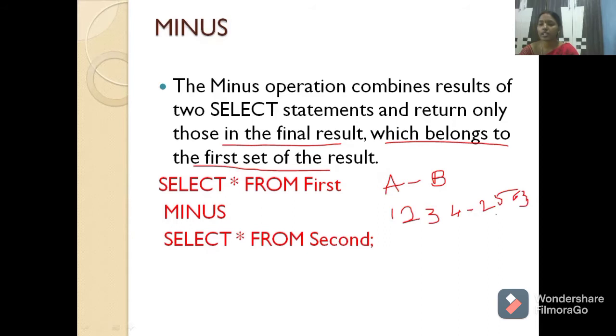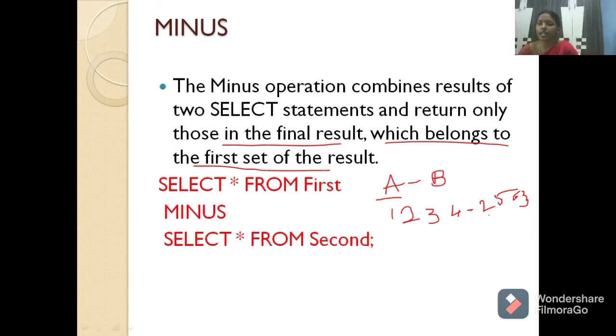Here minus indicates that we should subtract the common elements of A and B from A. Whatever you specified at the left side will be the result set.